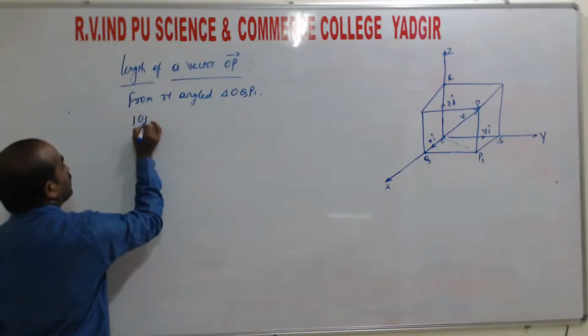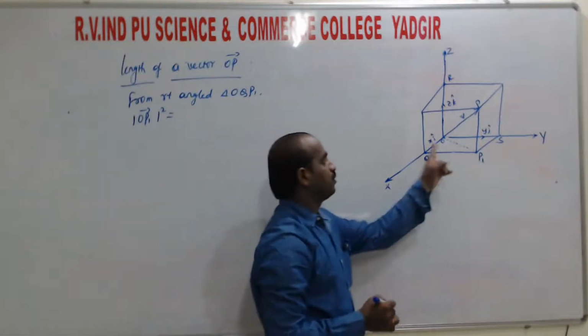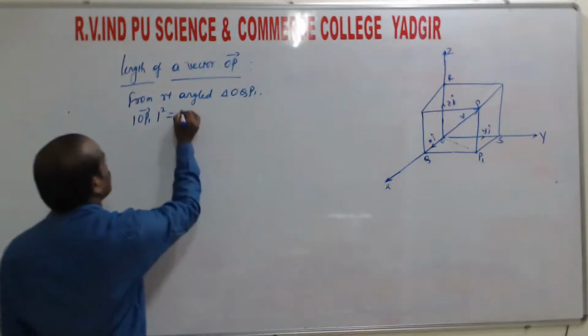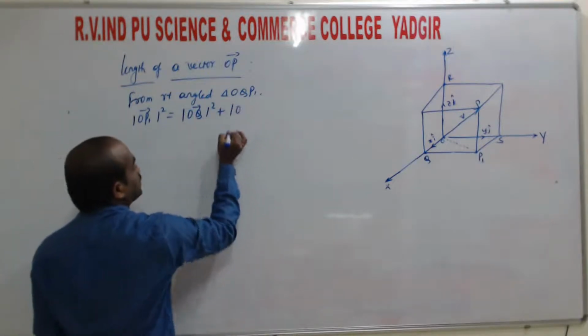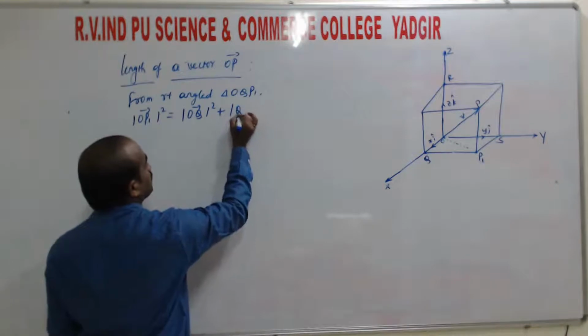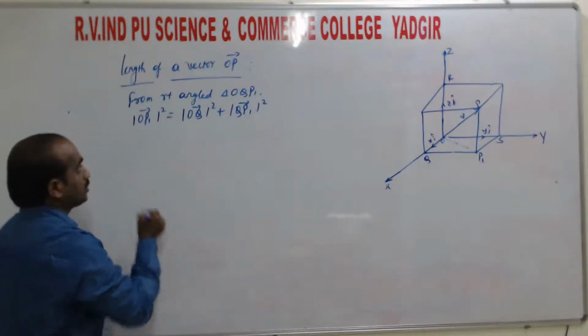The magnitude of OP1 squared is equal to the magnitude of OQ squared plus the magnitude of QP1 squared.